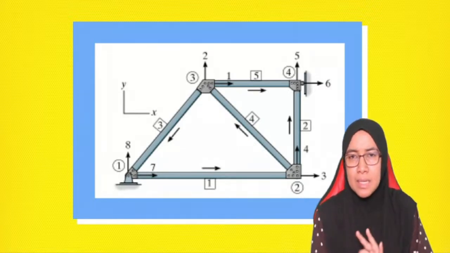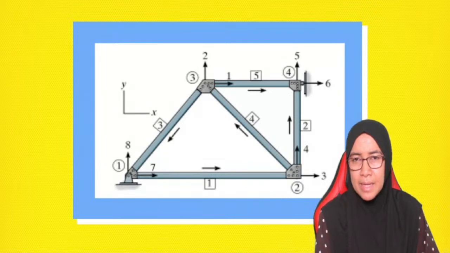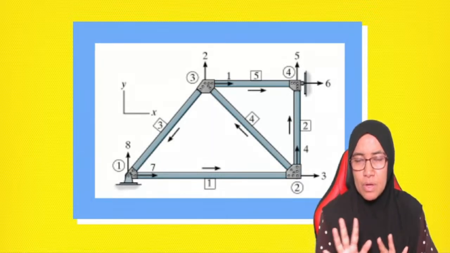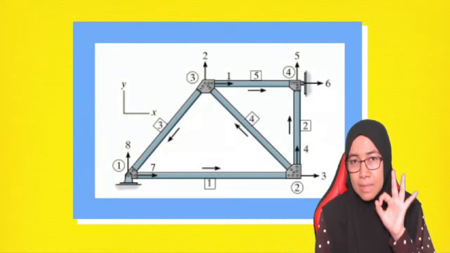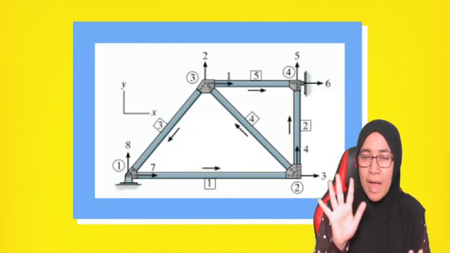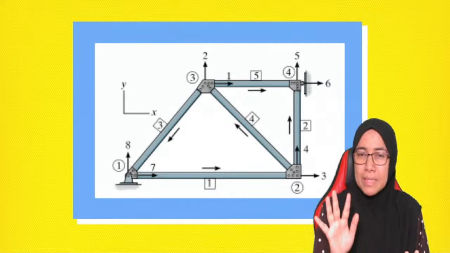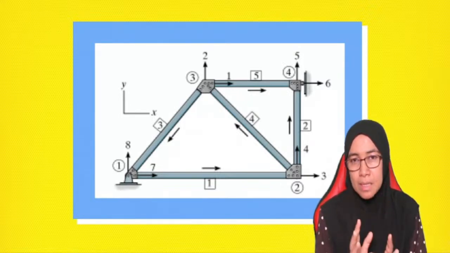That means there are three unknown reactions. Since the total must be 8, we have 5 remaining. So 3 unknown reactions means 5 unknown displacements. Okay, that's how we read this truss.